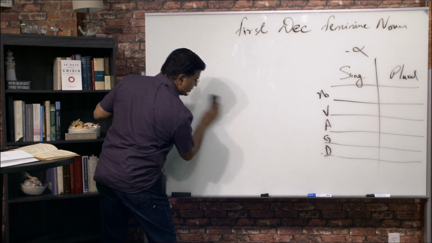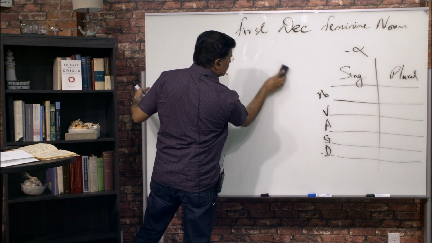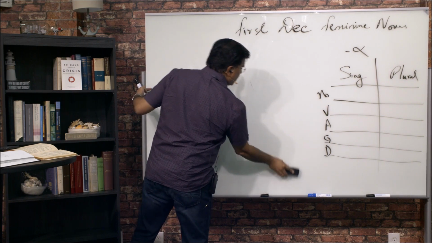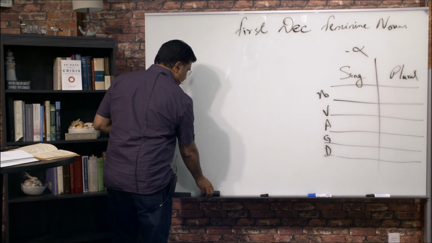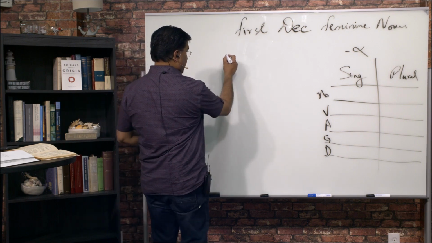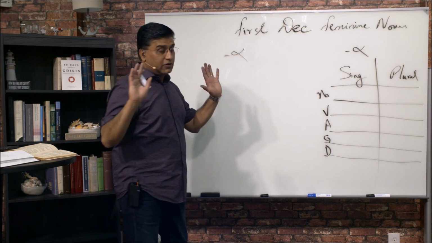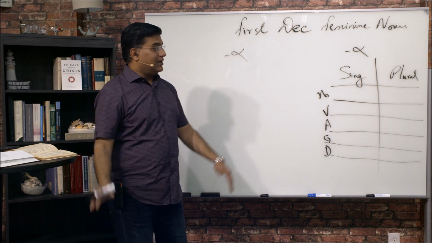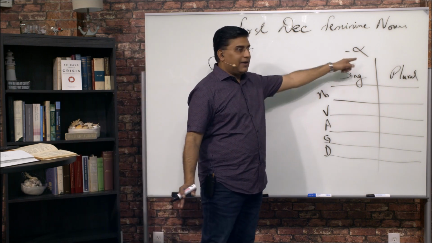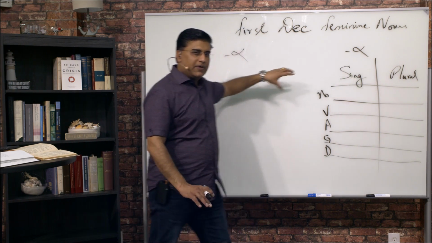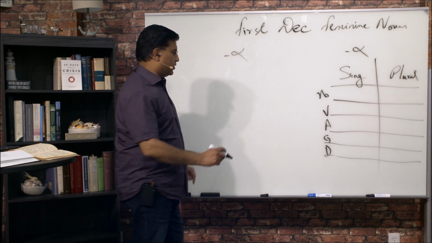Now keep in mind, both of them end with alpha, but there's a slight difference. So again, this is still first declension feminine, but alpha ending, but there's a slight difference depending on the words.